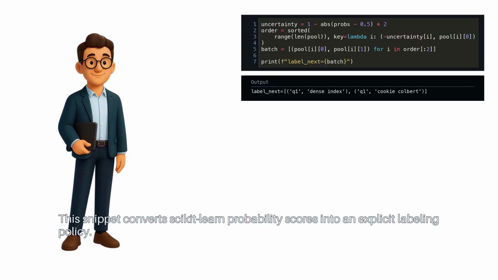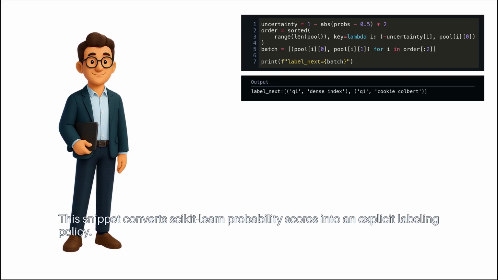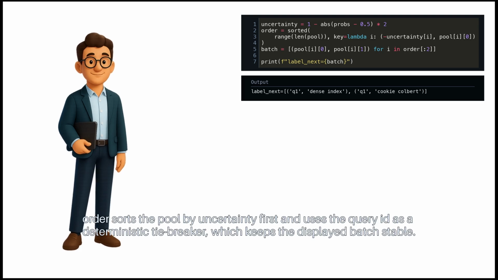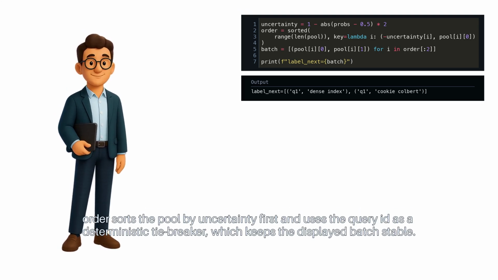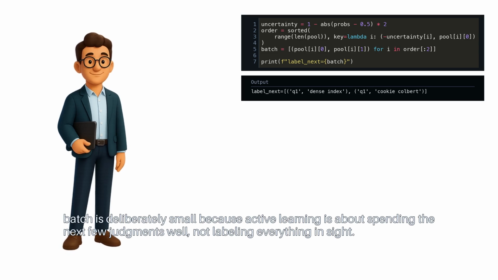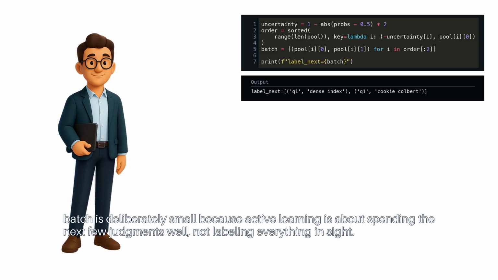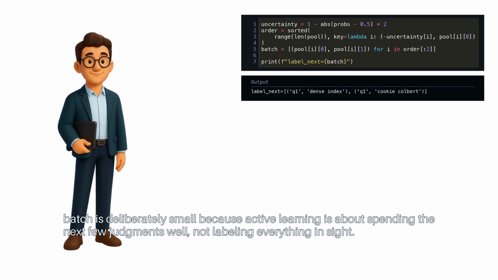This snippet converts scikit-learn probability scores into an explicit labeling policy. Pairs near 0.5 get high uncertainty, while very confident positives or negatives move down the list. order sorts the pool by uncertainty first and uses the query ID as a deterministic tiebreaker, which keeps the displayed batch stable. batch is deliberately small because active learning is about spending the next few judgments well, not labeling everything in sight.